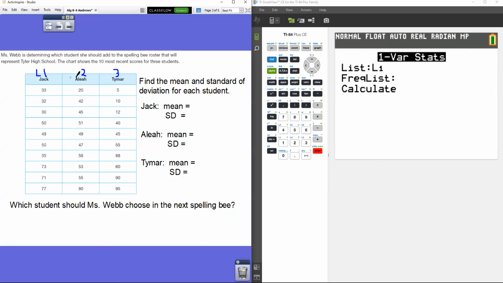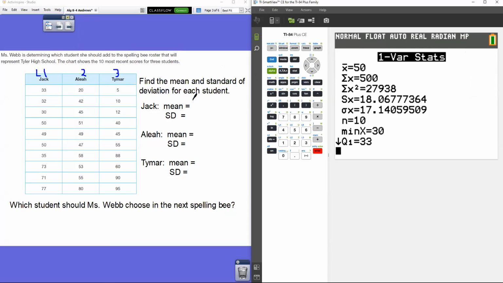I typed my Jack data into L1. So I want to go down to Calculate, hit Enter. So our mean for Jack is 50. Our standard deviation, remember, is this little sigma with the little line above it. We're just going to round it to the nearest hundredth. On your homework today, you'll have some questions that you have to round to the nearest hundredth. Some questions you have to round to the nearest tenth.